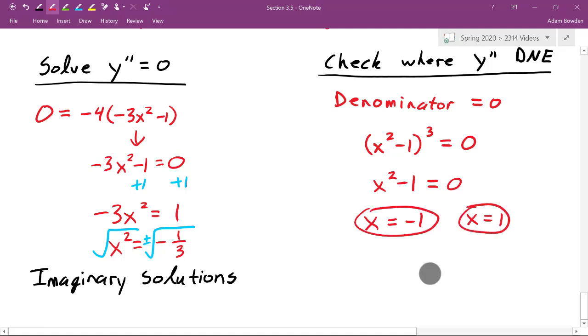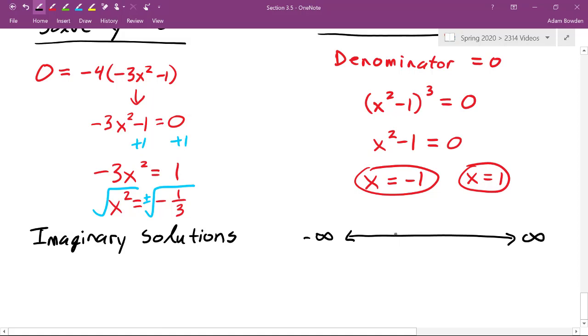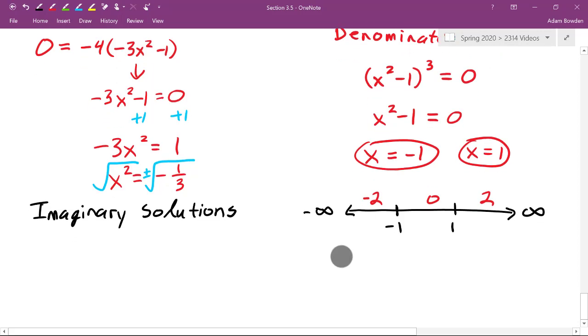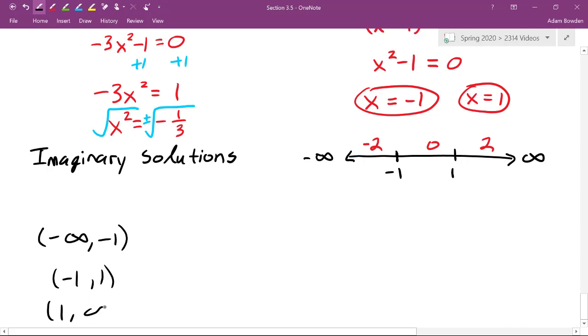So those are the only two numbers we're going to have to deal with to check along the number line. So negative 1, positive 1. Test values I'm going to use are negative 2, 0, and 2. Thankfully, fairly straightforward numbers to work with in this case. Negative infinity to negative 1, negative 1 to 1, and 1 to infinity are the three areas we're checking.